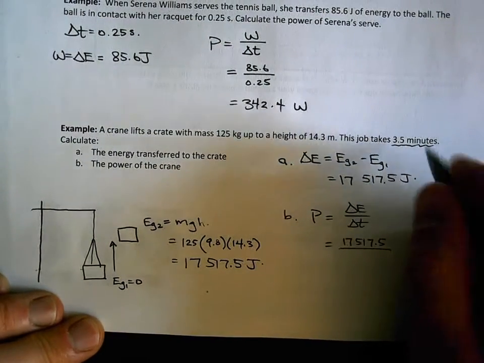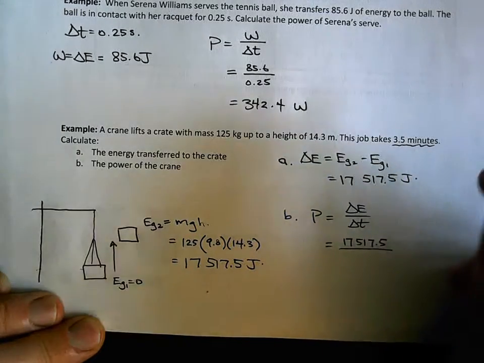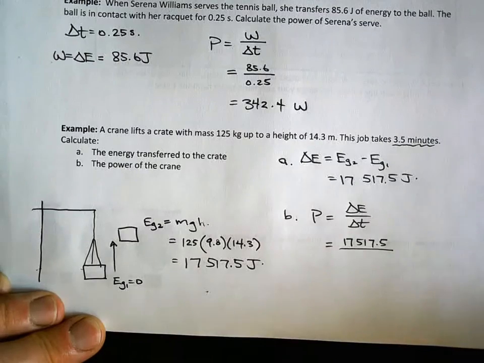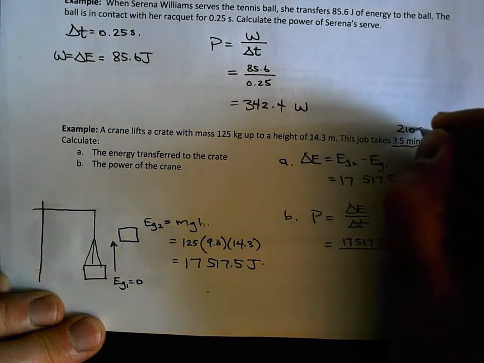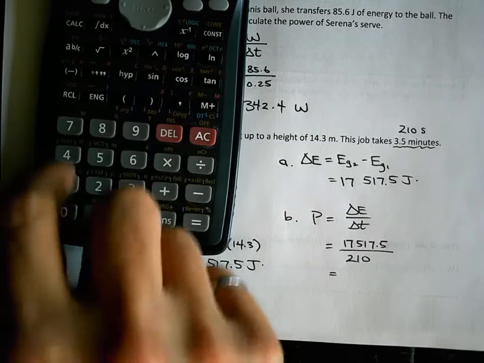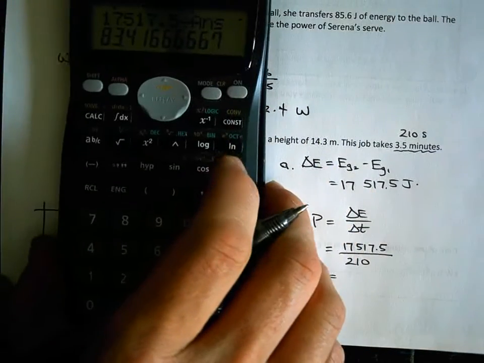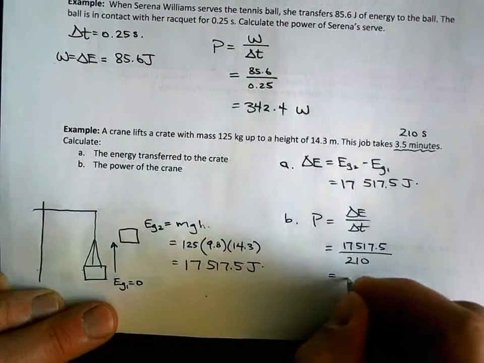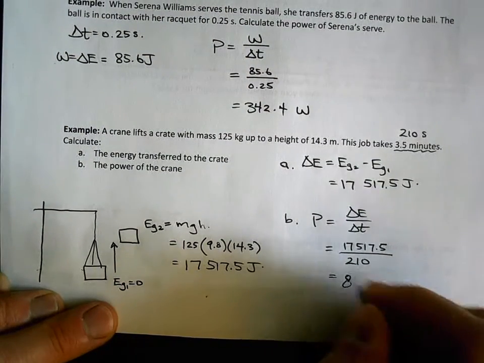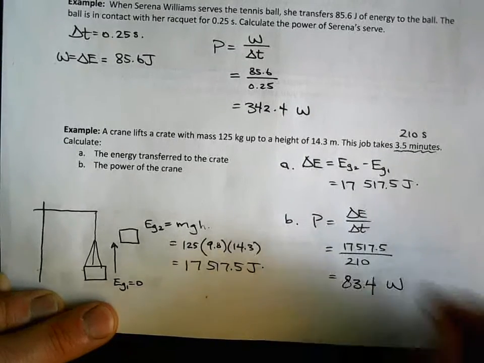Now this is a bit of a problem because this should be in seconds. How do I convert minutes to seconds? Well, there are 60 seconds in every minute, so 3.5 times 60 gives me 210 seconds. Now I divide these two things, 17,517.5 divided by 210, which is 83.4 watts.